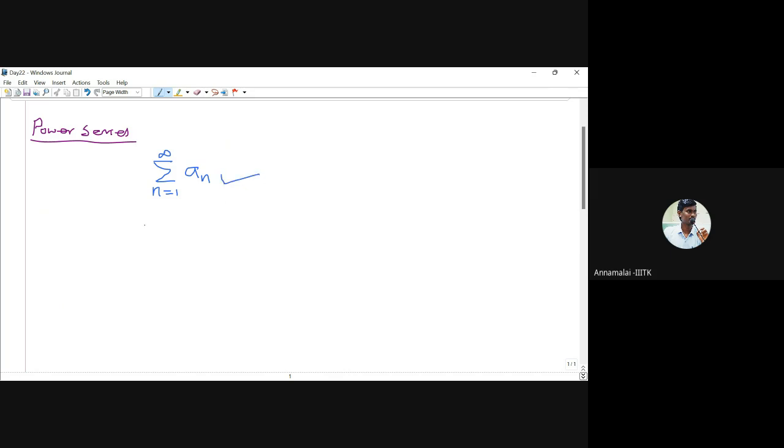So a power series is of the form summation a_n x^n, where x is unknown, where n equals 1 to infinity. Now the question is, for what values of x does the series converge? This general form is called a power series.